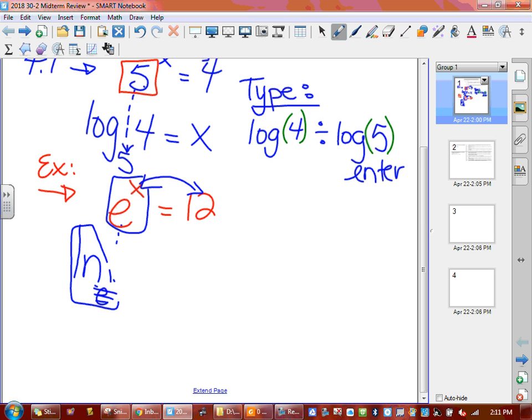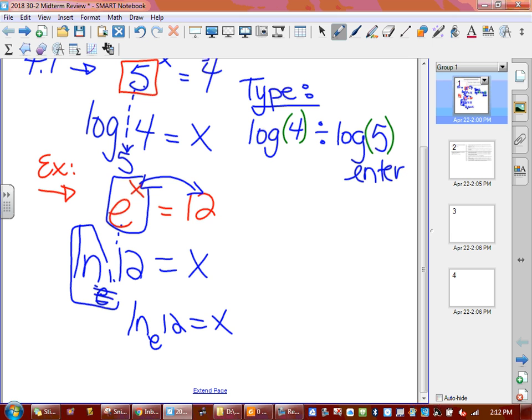You don't have to actually write it if you don't want to, because it hides. It's like base 10 with the word log. So now you're going to have 12 equals x. So it's just ln 12. Okay? The E, if you want to write it, it's not wrong. So you could write ln E12 equals x. That is also correct. Okay?